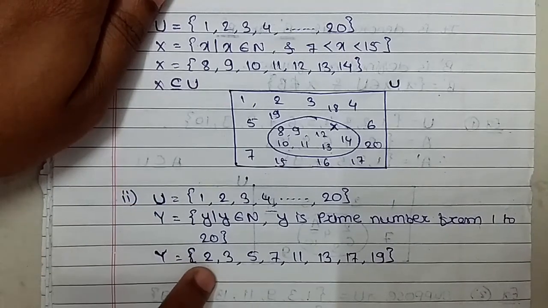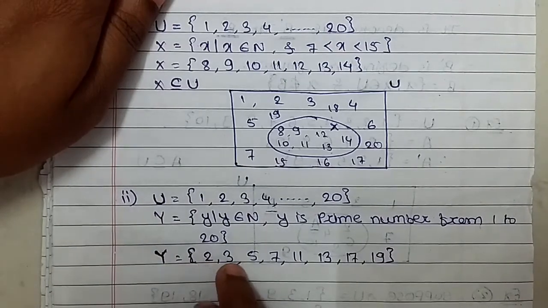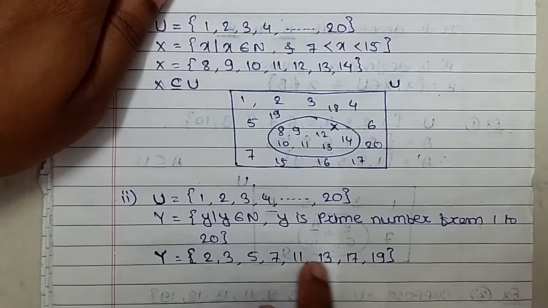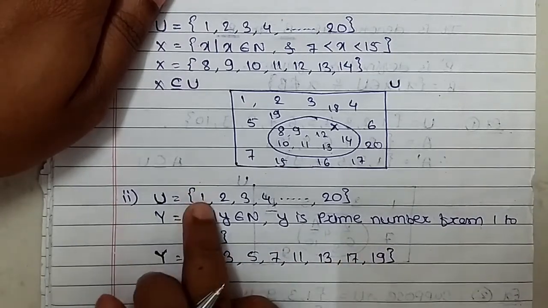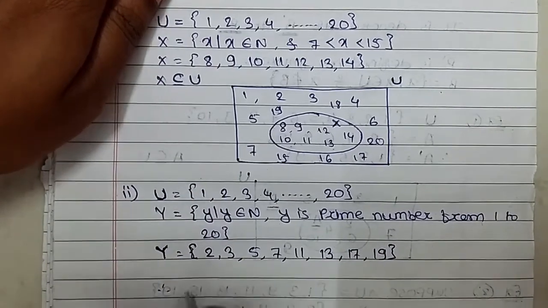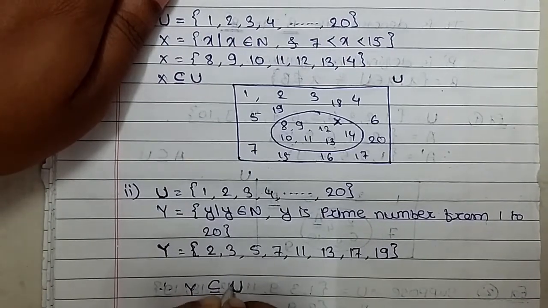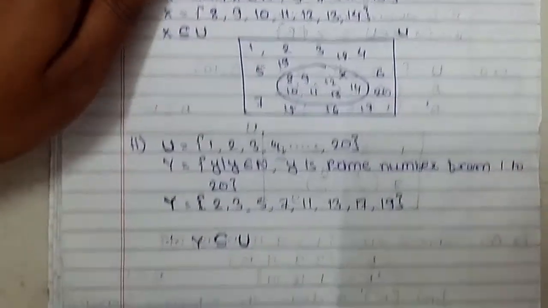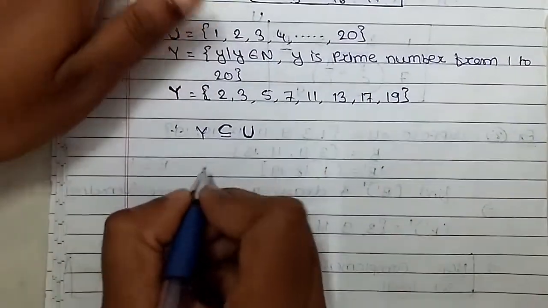Yes, because the elements of Y are 2, 3, 5, 7, 11, 13, 17, 19, and all these elements are present in the universal set. Therefore Y is a subset of the universal set. Clear? So you should draw this with the help of a Venn diagram.